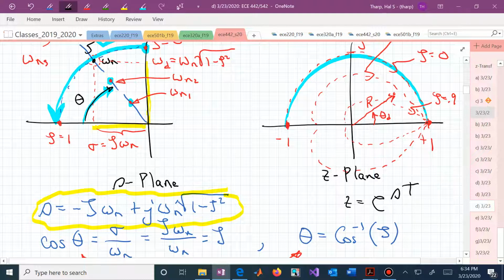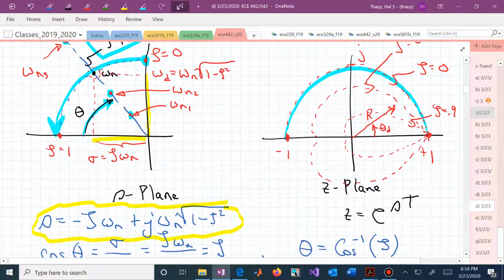That relationship we know. And the other thing that you may try to keep straight is we have theta in the S-plane. We have a theta sub d in the z-plane. Theta sub d is measured with respect to the positive real axis in the z-plane. Theta is measured with respect to the negative real axis in the S-plane. R in the z-plane is the distance we are away from the origin.